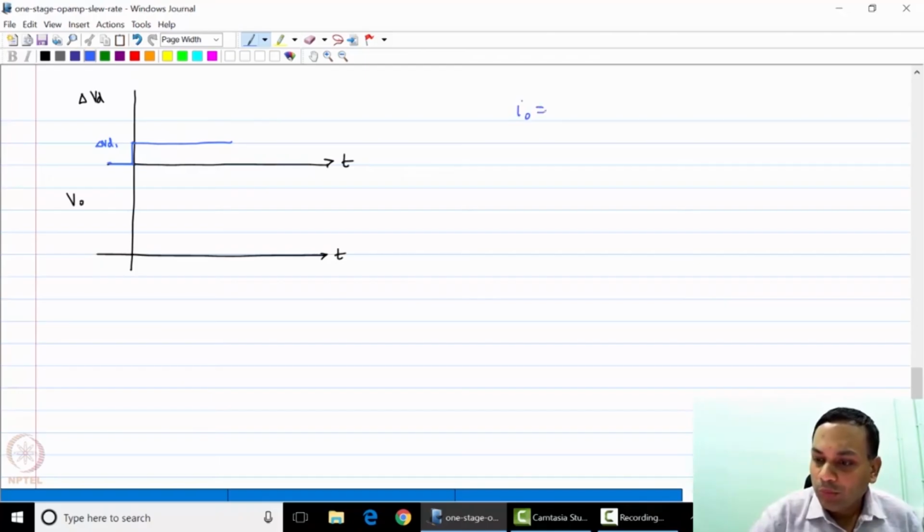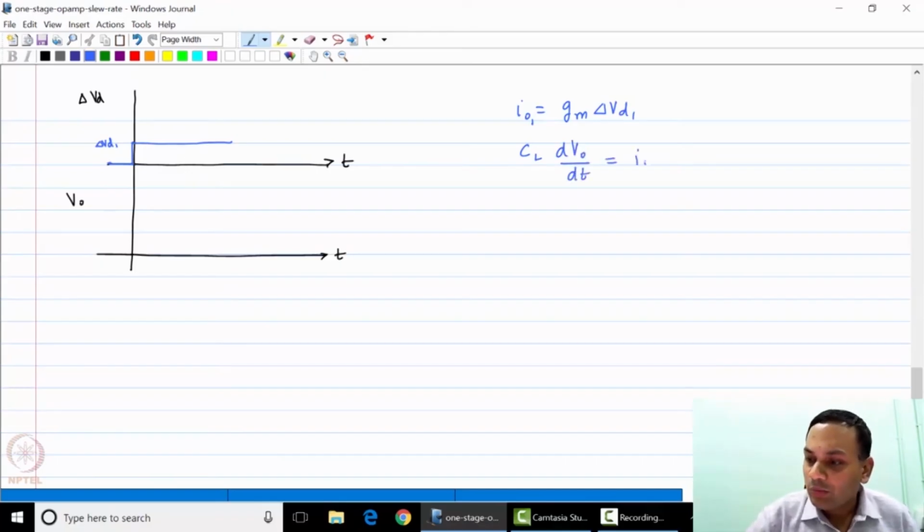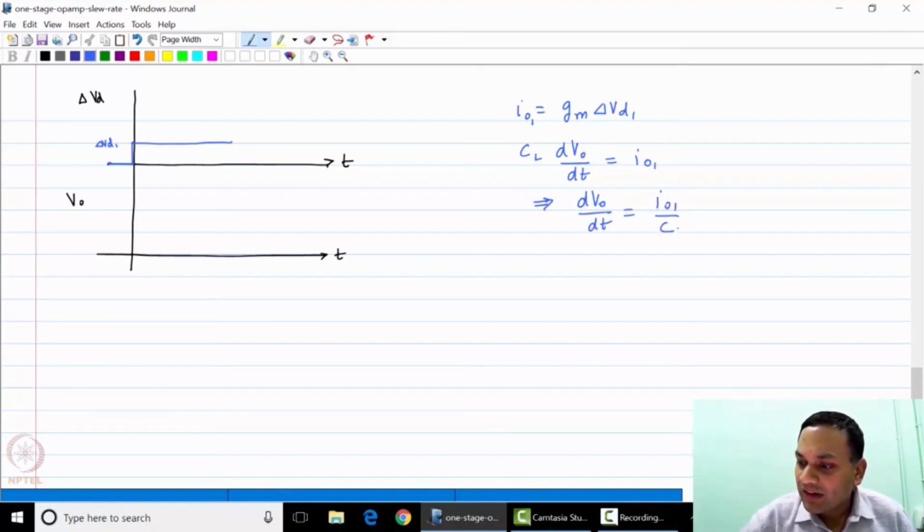So IO is equal to GM times delta VD1. So this is IO1. And for the capacitance, I can say CL dVO by dt is equal to IO1, because all of this current flows through the capacitor, and therefore dVO by dt is IO1 by CL, which is GM delta VD1 by CL.